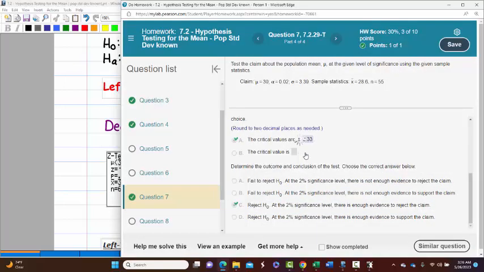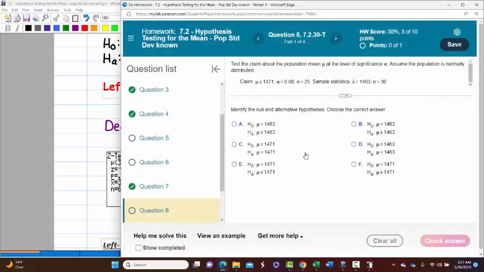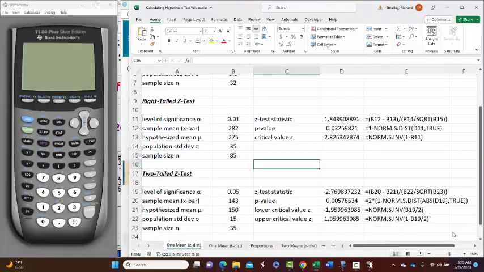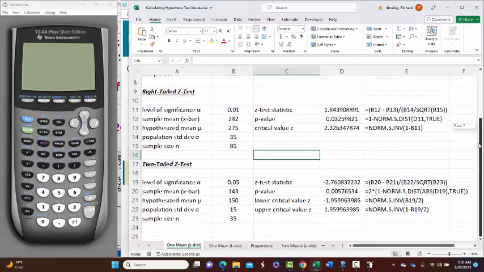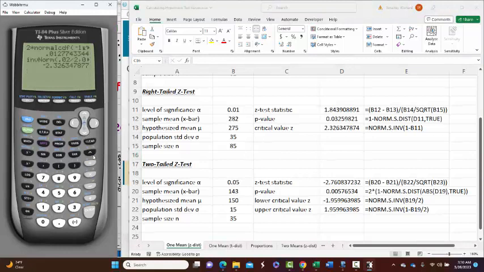Fantastic. So let me just double check here that we'll have one with p-values. Okay, I just realized I moved away from that last problem and had not done it in Excel, because I went to check another problem, and when you go back, it gives you new numbers even if you've done the problem.